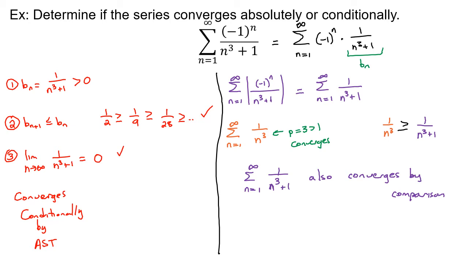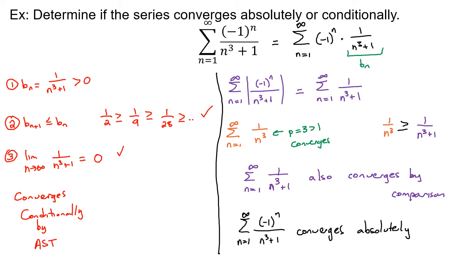So this right-hand side implies that the series n equals 1 to infinity of -1 to the n over n cubed plus 1 has to converge absolutely.